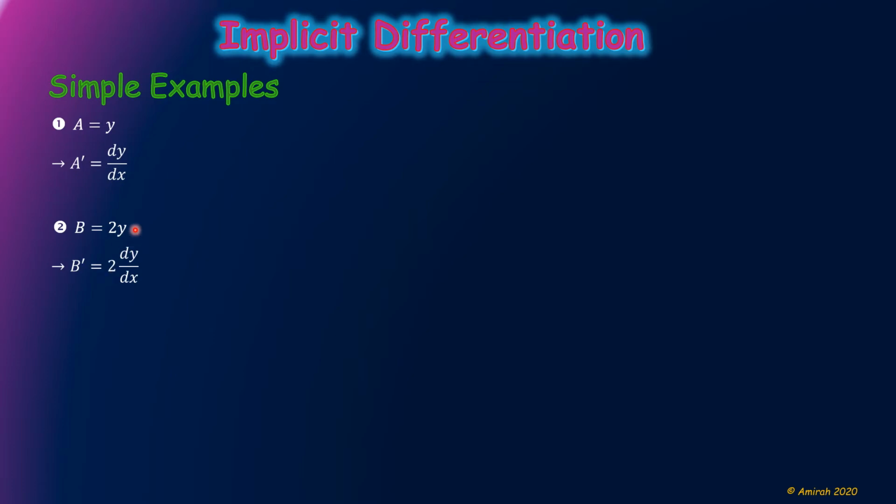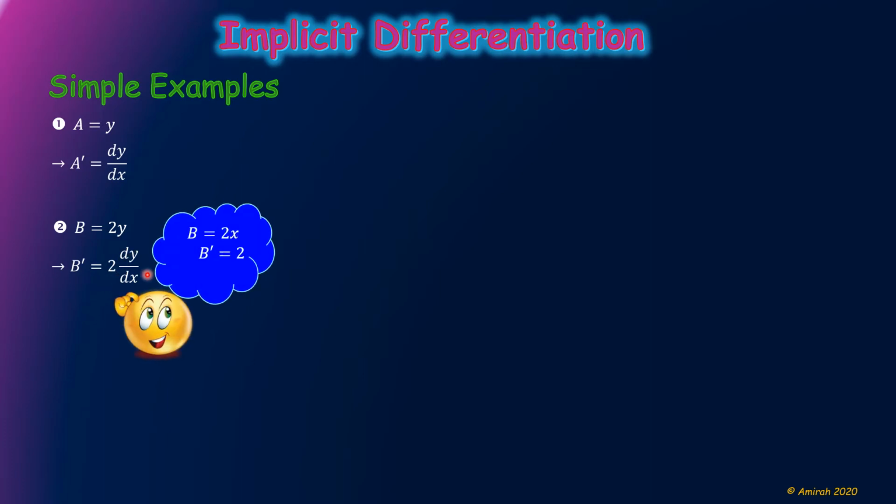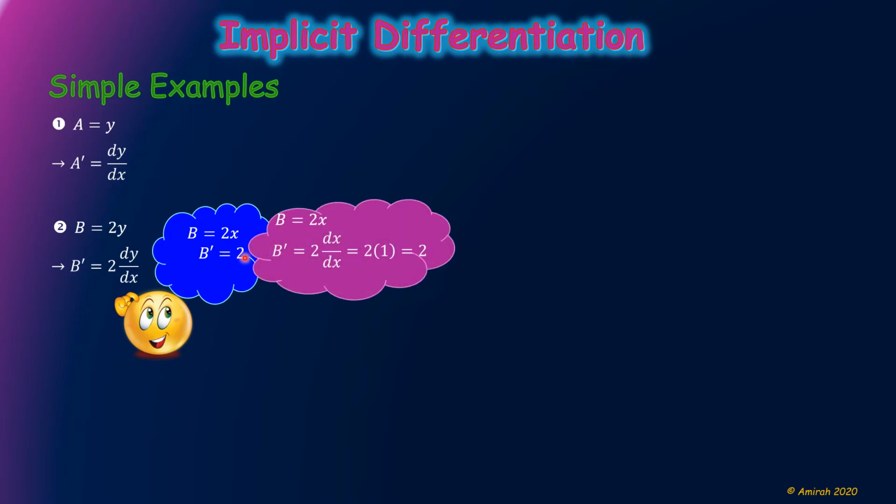We differentiate y, it becomes dy over dx. So the answer when we differentiate 2y is 2 dy over dx. We recall back when we differentiate 2x, we have 2, because we just put the constant 2 and then we differentiate the variable x with respect to x.